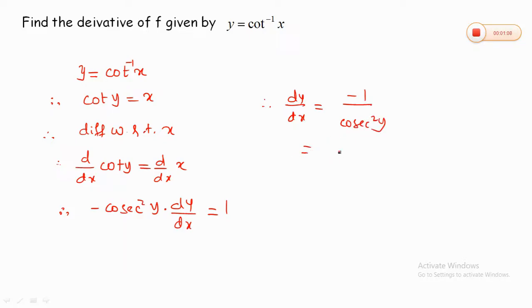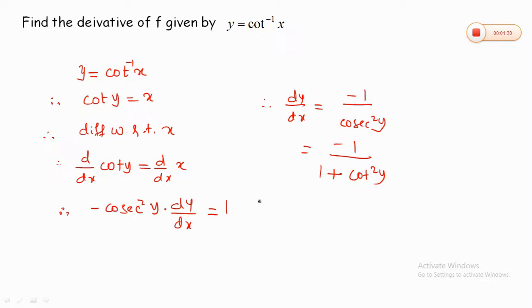Now change the cosec square y in terms of x. Since the given function is in terms of x, therefore cosec square equal to 1 plus cot square y. So 1 plus cot square equals cosec square. That's a first year formula.